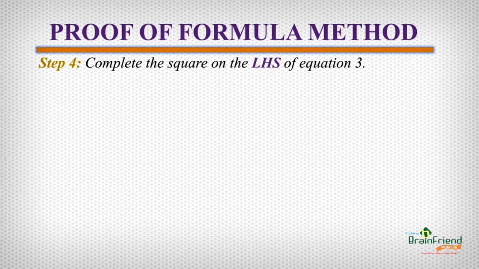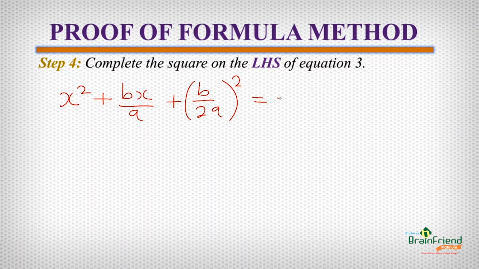Now let's complete the square on the left hand side of equation 3. Remember, our equation 3 is x squared plus bx over a plus b over 2a all squared, and that's equal to minus c over a plus b over 2a all squared.